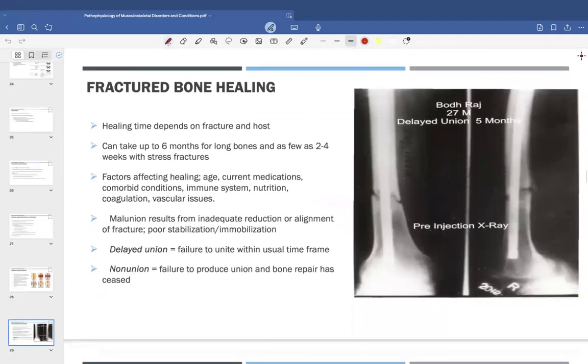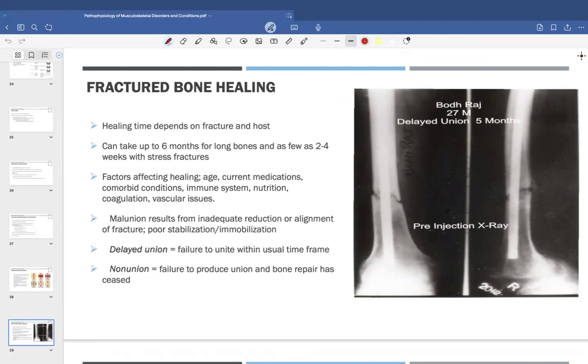Right, your healing time is very, very much dependent on your patient's body habitus, movement, nutrition, comorbidities, blood supply. All of those are going to play a role in how well your patients heal. Little kids, unless there's some other disease, tend to heal really, really quickly. Why?